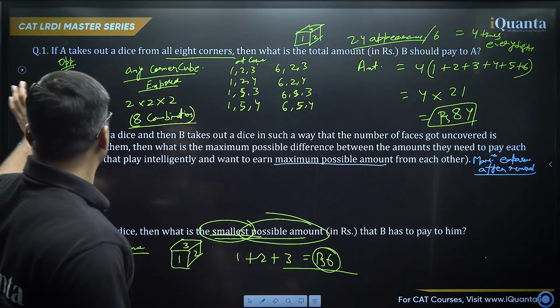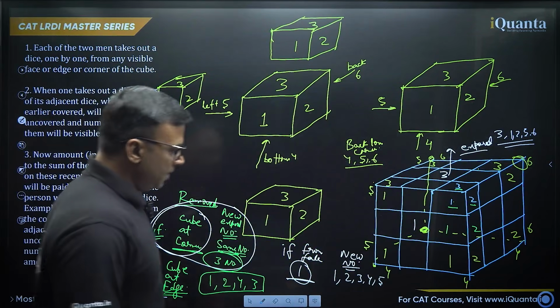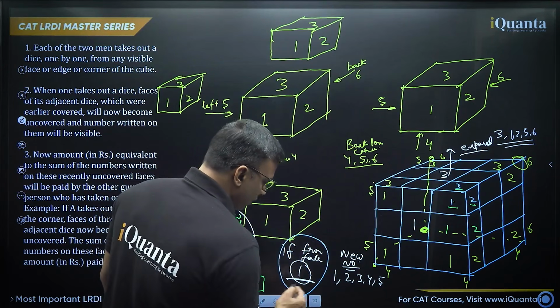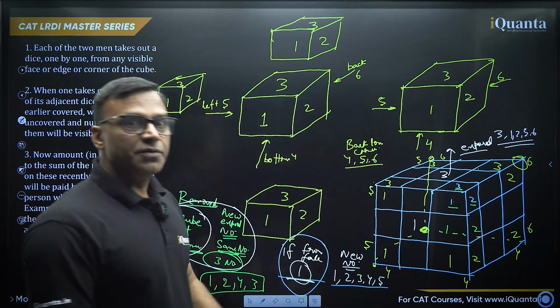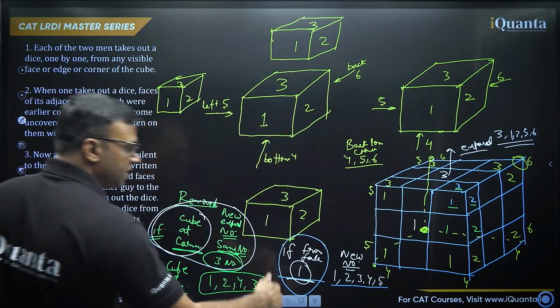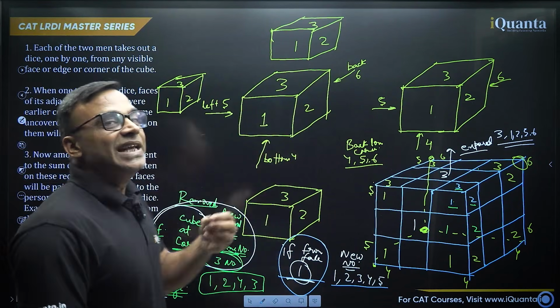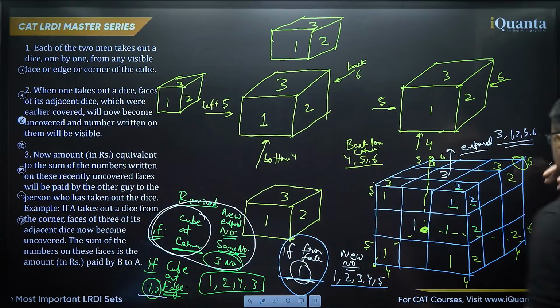That means A, if he has got a chance, should pick from the face. So the original exposure was only one face and the new exposure will be 5 faces. And if he wants the maximum amount, he should leave the smallest value. So he should actually withdraw from the surface where 6 was visible, the back side.